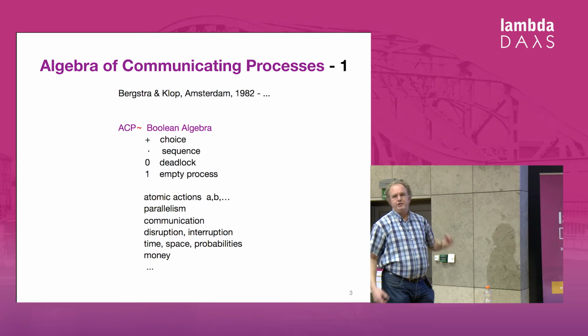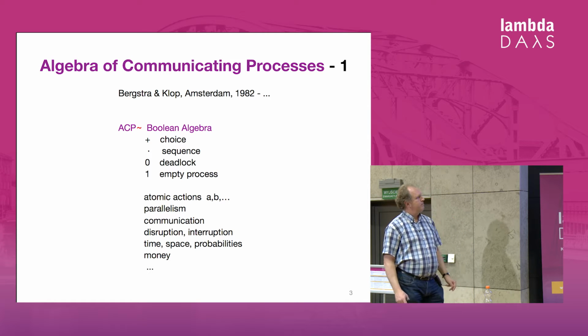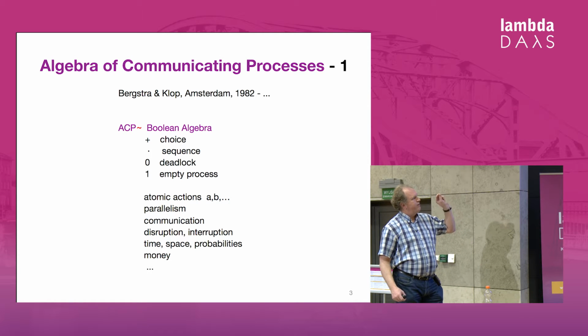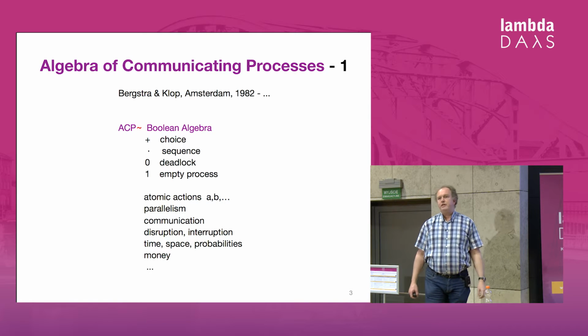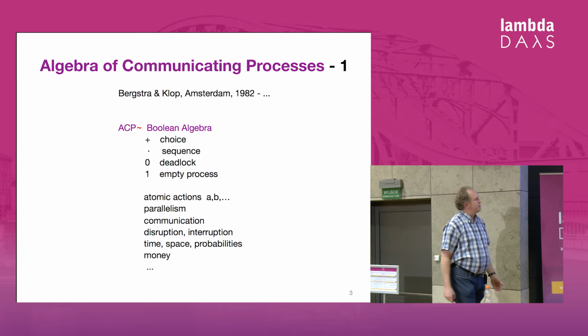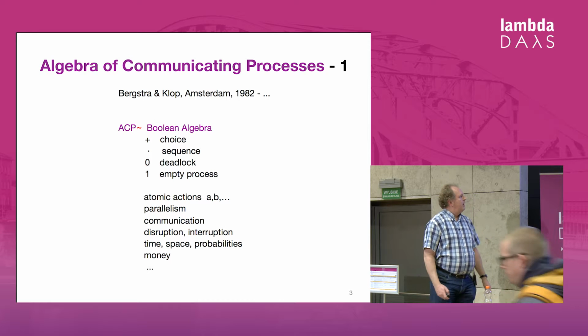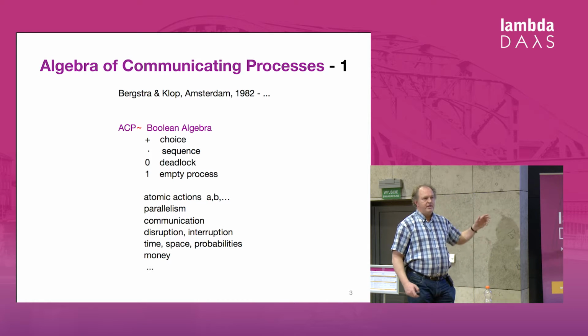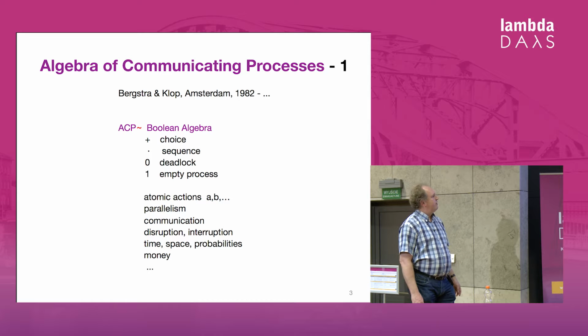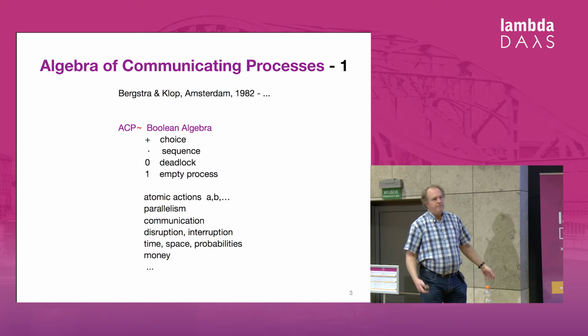And if you start from this, then you can add things like parallelism, defined in terms of sequence and choice. And you can also define communication, synchronous communication between processes, disruption and interruption. And there are even extensions to this theory with time and space and probabilities and money.